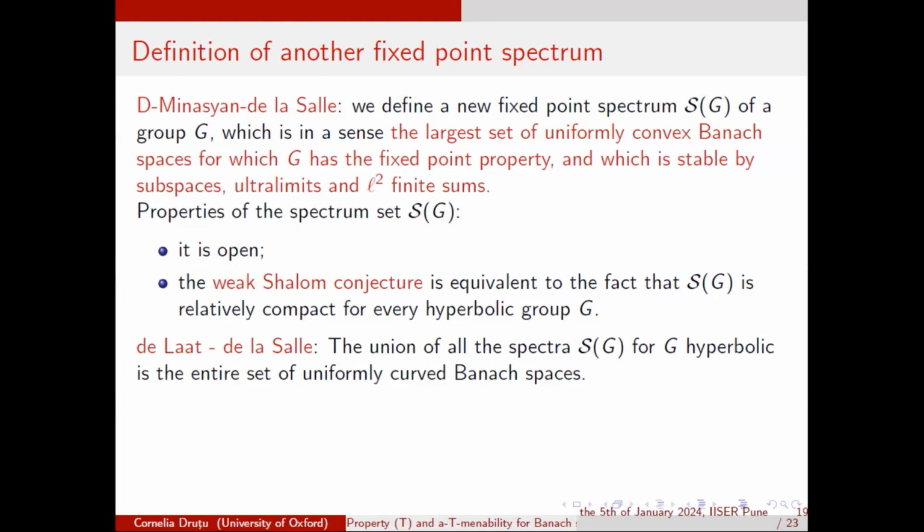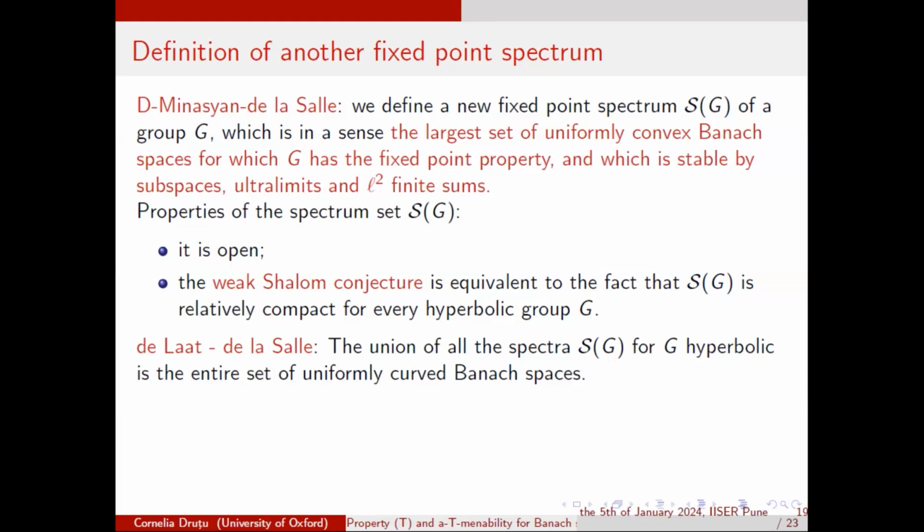A priori, it only implies uniformly convex, but it also covers all the existing constructions of uniformly convex Banach spaces. So it is an open question whether there exist Banach spaces that are uniformly convex and not uniformly curved. This is to say that if there are, they must be very unnatural, pathological examples. In any case, the spectra of all the hyperbolic groups cover this large set of uniformly curved Banach spaces.